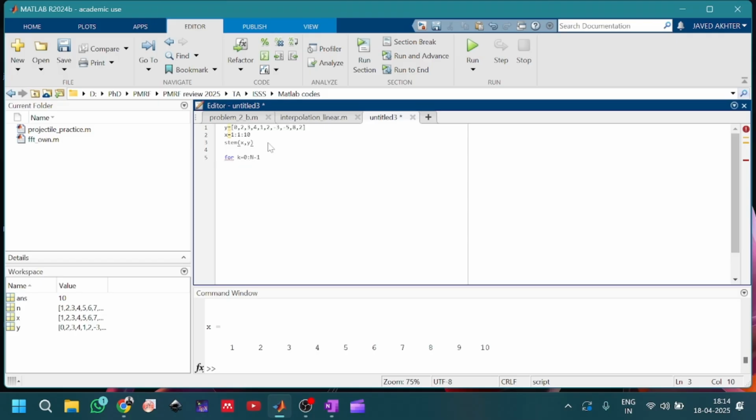So let me define what is n. So n is the length of x or y, whichever you want to use. So this is the length, and then for each of the values of k, you have to run another loop for small n, which is from 0 to n minus 1.